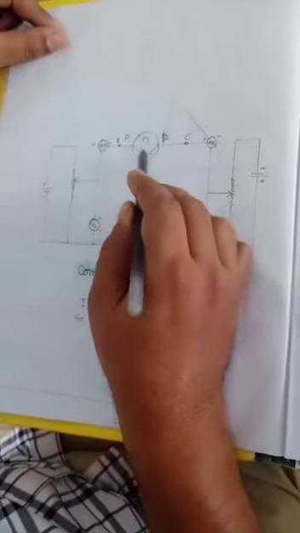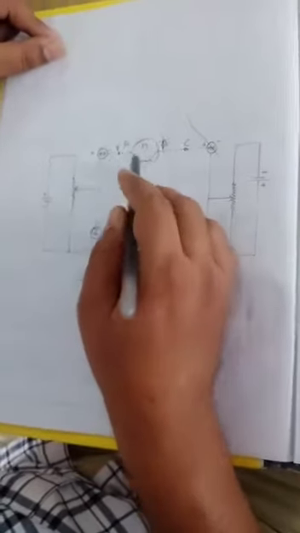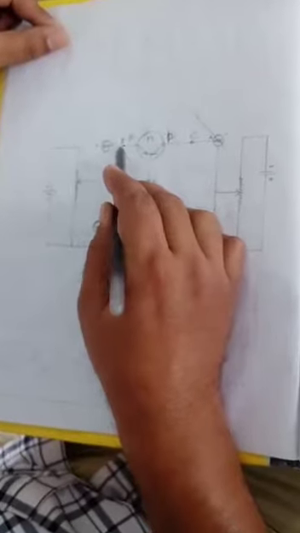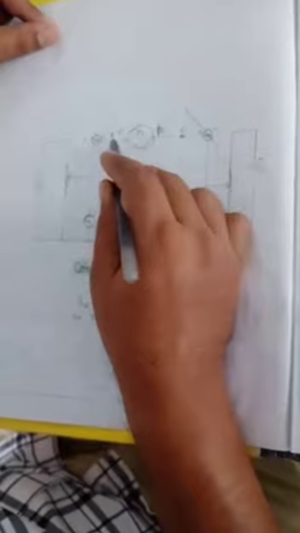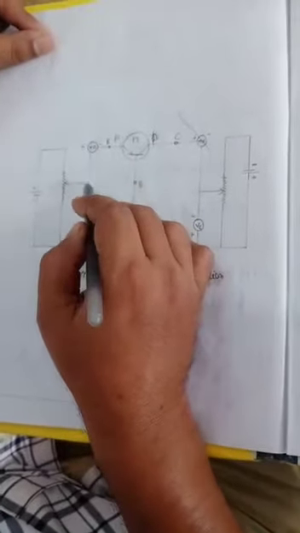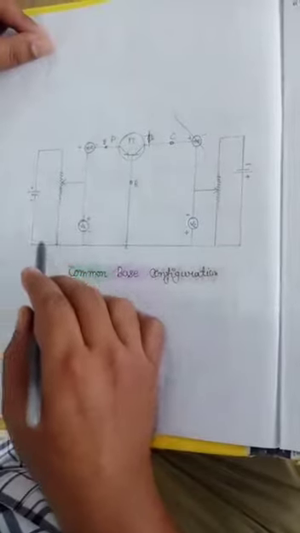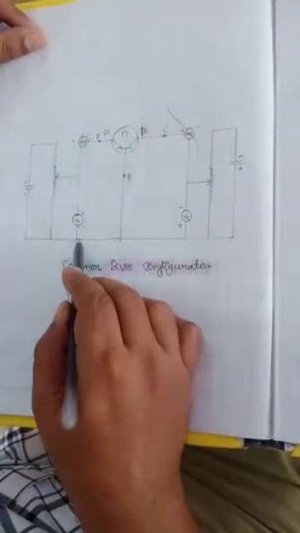Here the base is N type and the emitter is P type. So for connecting this junction in forward bias, P is connected to the positive terminal of the battery and N, that is base, is connected to the negative terminal of the battery.